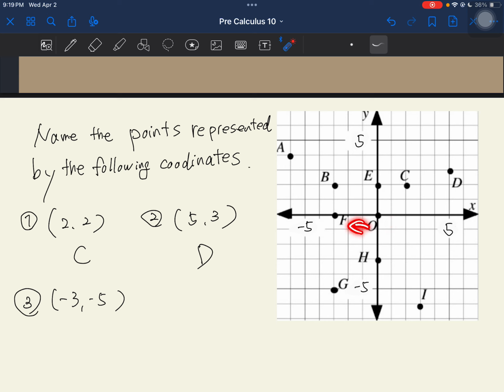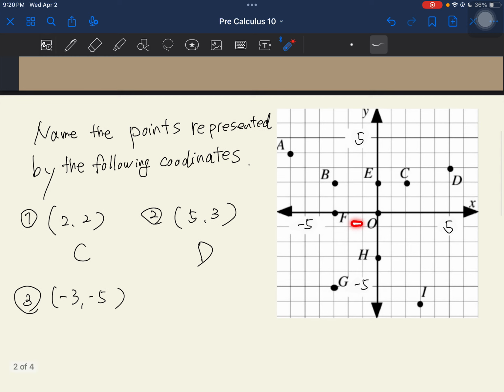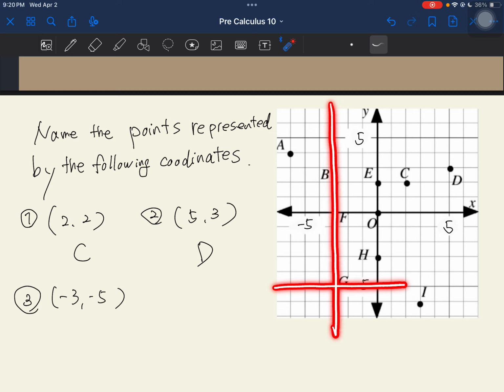But if you go to the left side, it also increases, but negatively. So it's going to be -1, -2, -3, -4, and -5. So x is equal to -3 is here, and y is equal to -5 is here. So the point is G.